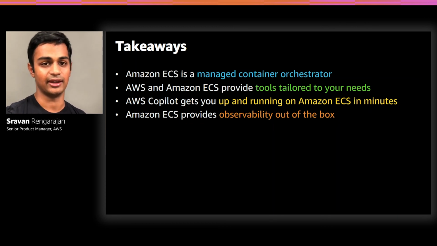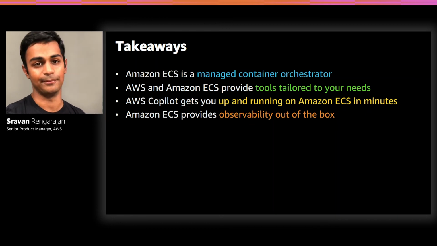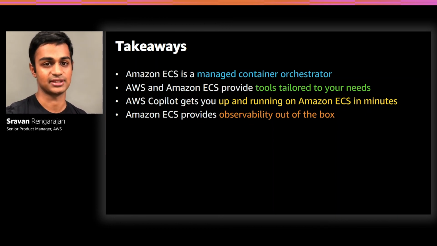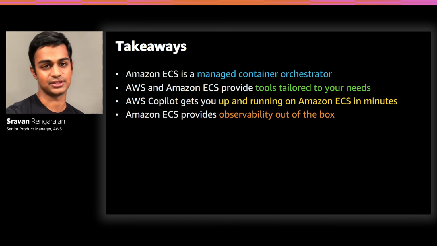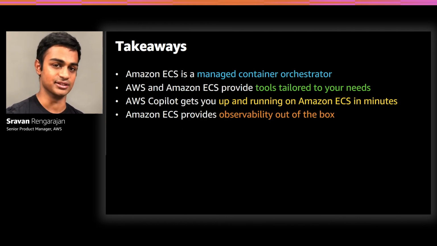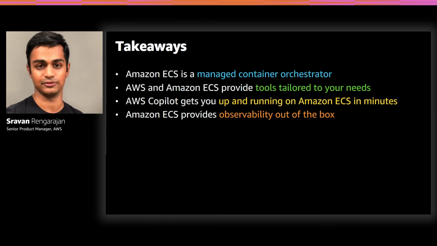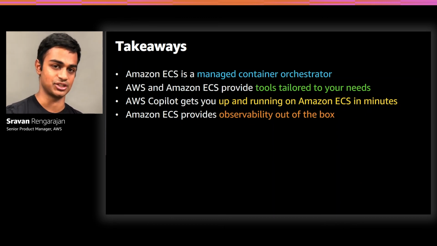You can make sure that your containers are going from your code base and actually up and running as a production service or in a production environment. And Amazon ECS integrates with a number of tools to let you operate those services. And those tools also, we offer a variety of options, and they're tailored specifically to your preferences, you and your organization.